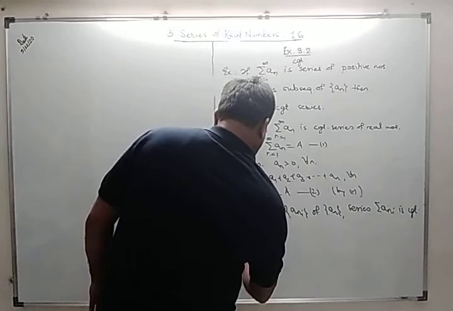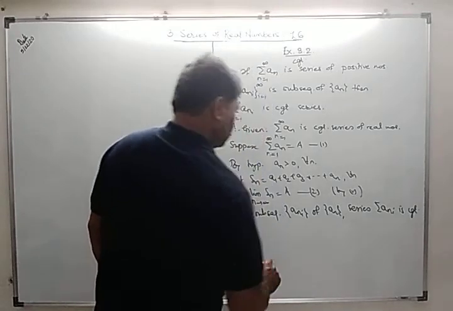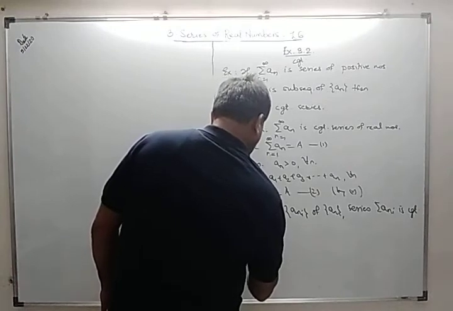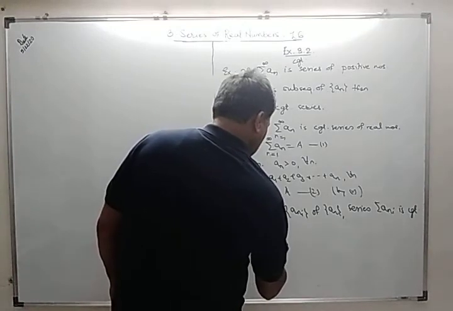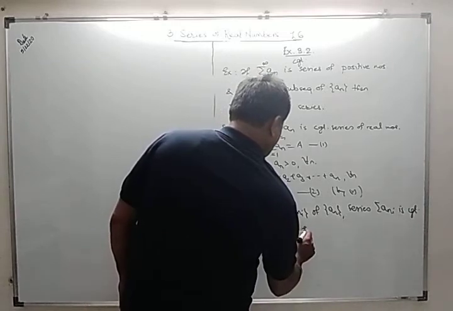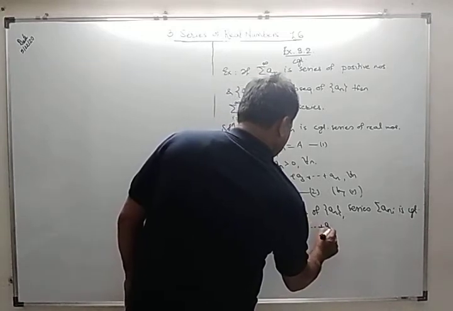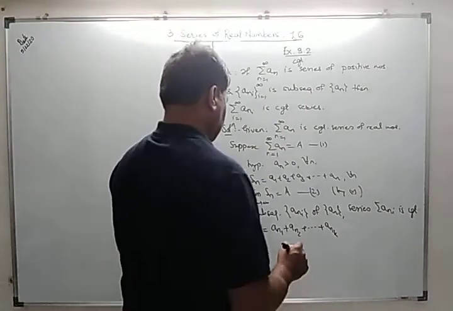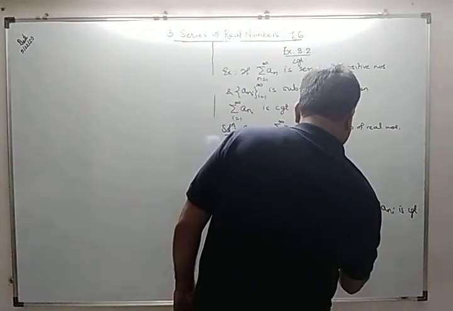So let T_k be equal to a_{n1} plus a_{n2} plus dot dot up to a_{nk} for every k.